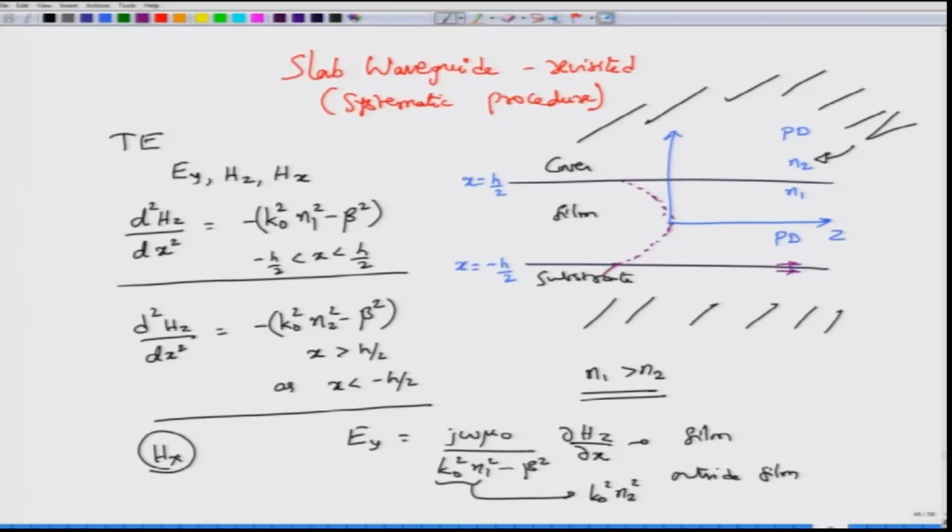So, these fields would actually decay in this exponential manner. So, the solution would look more or less like a sinusoidal field inside, but outside it would be an exponentially decaying field. These are the so called radiation modes or the decaying modes or the decaying fields actually, but inside it would look like a sinusoidal or cosinusoidal kind of a wave.